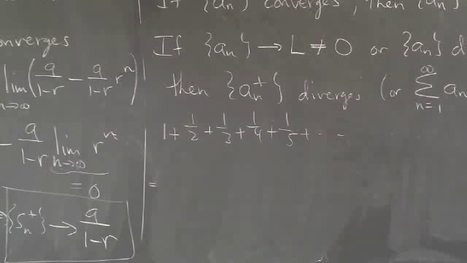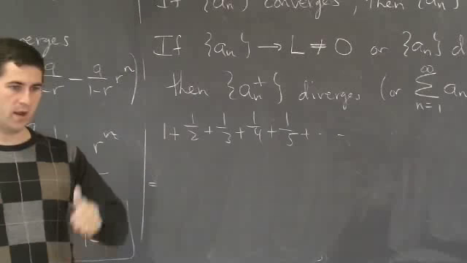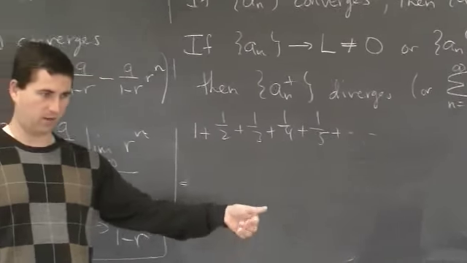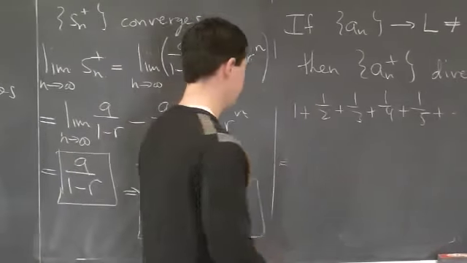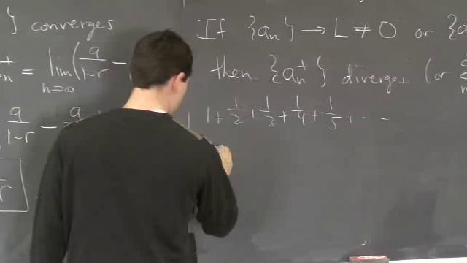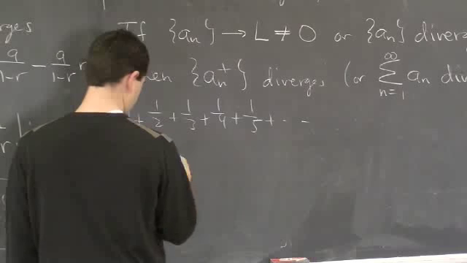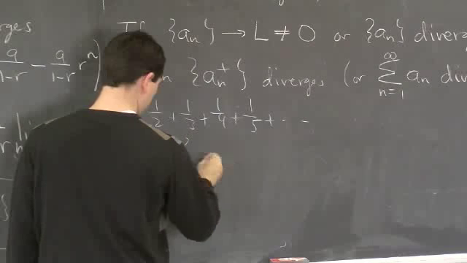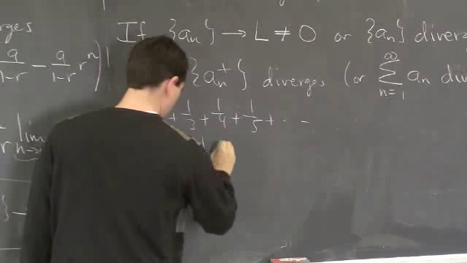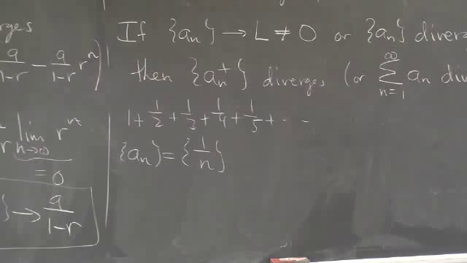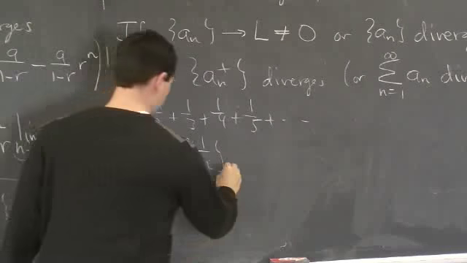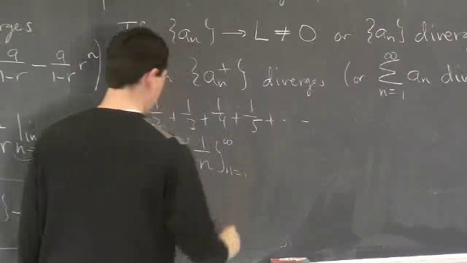The underlying sequence is 1, a half, a third, a fourth, a fifth, a sixth. So a_n should equal 1 over n, n equals 1 to infinity.